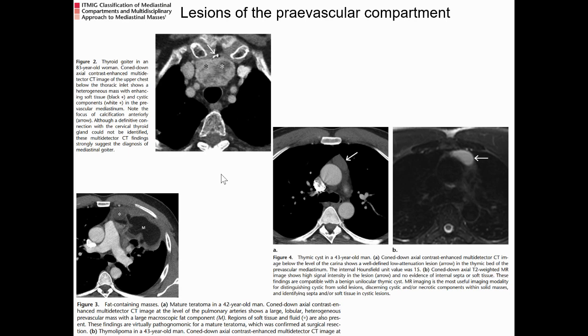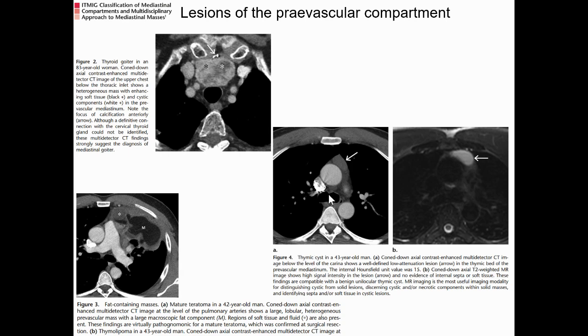Okay, and as a radiologist, here's how we characterize mediastinal lesions. We rely mostly on what I have described to you, so these three compartments. Cysts are the easiest, and this is figure 4 on my slide.